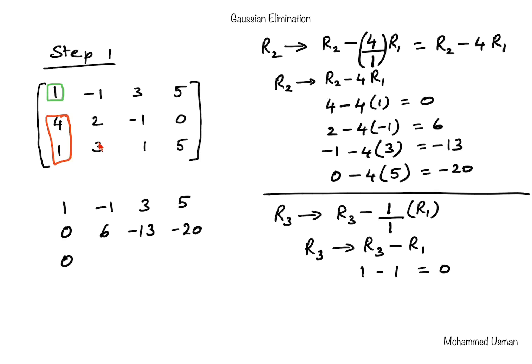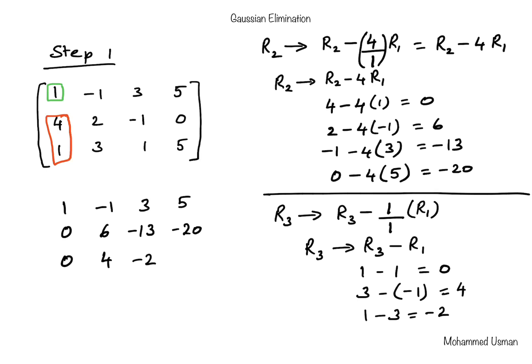So in place of R3, we'll put 3, and in place of R1, we'll put minus 1. So it will become 3 minus 1, which is equal to 4. So we'll put 4 here, and in the third position we have 1 in R3 and 3 in R1, so it will become 1 minus 3, which is equal to minus 2. So we'll write here minus 2.